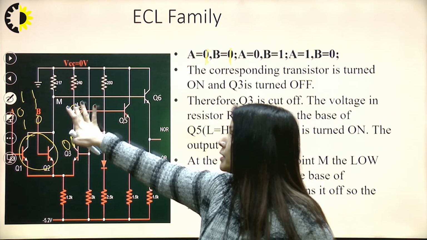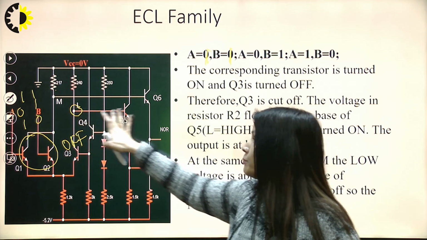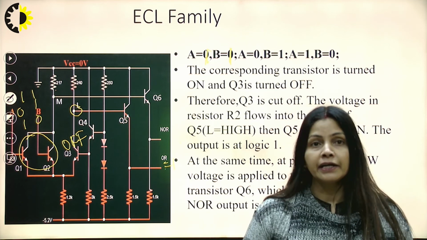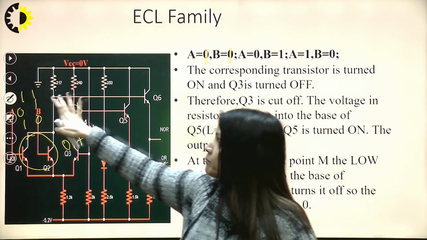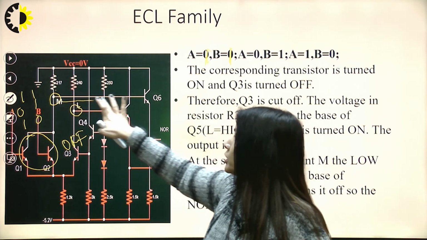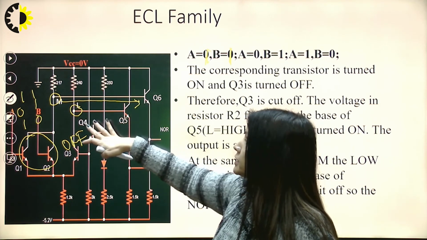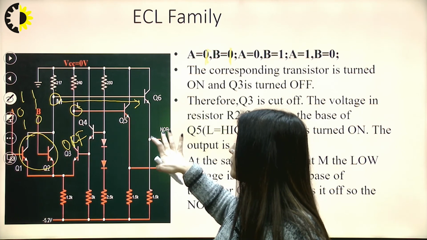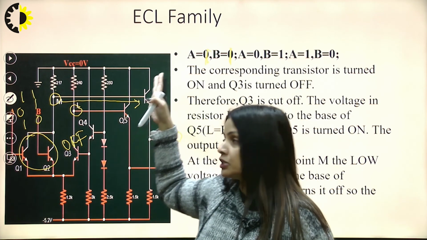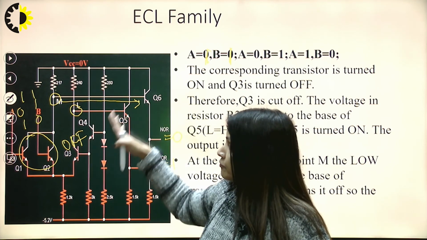This will become high potential, and if it is at high potential, this will give OR as 1, right? Similarly, the reverse will take place at this M, and it will be at low potential, and when it is at low potential, this will give 0. So this is the explanation of the circuit for ECL.